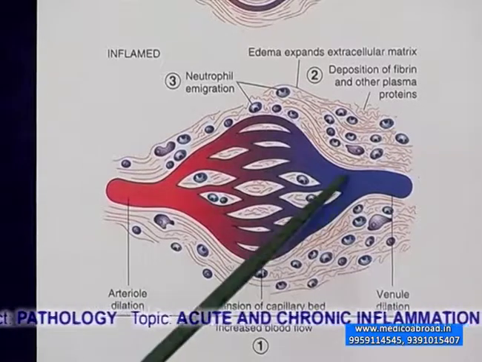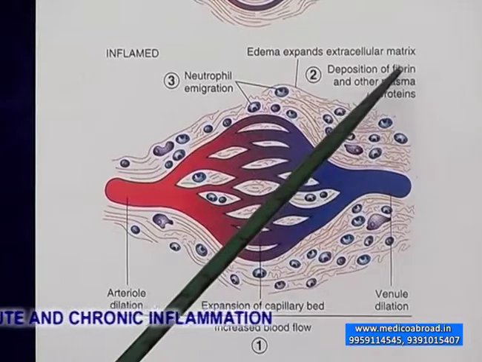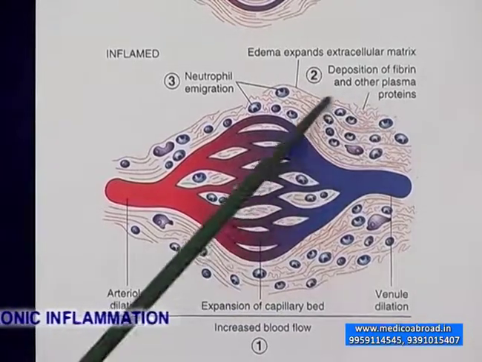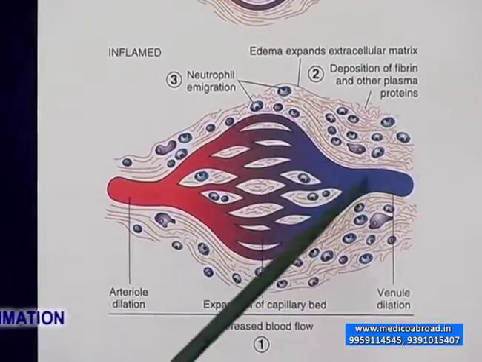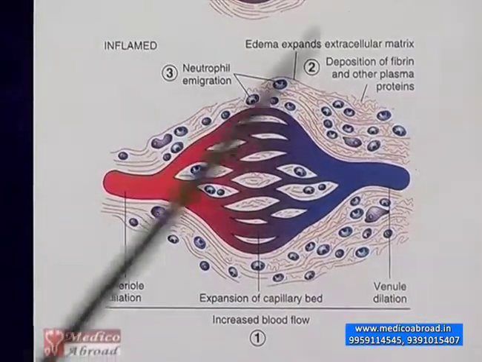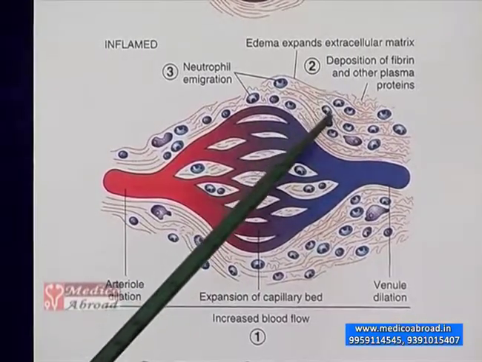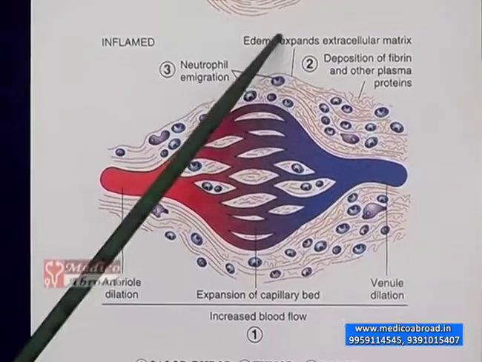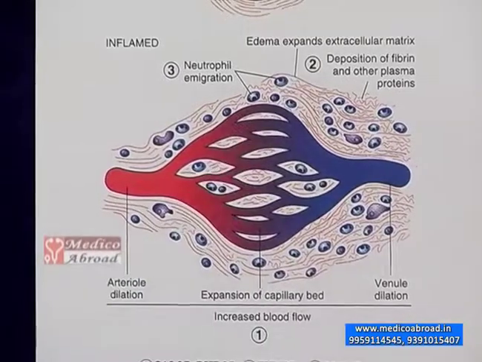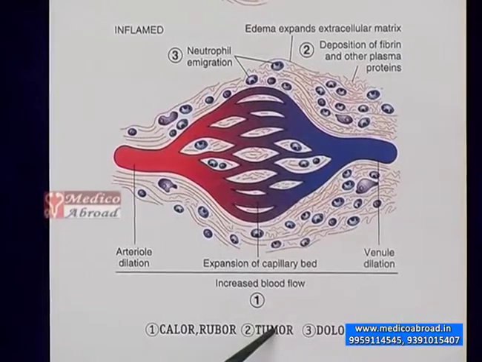From the vasculature, there is increased permeability and therefore fibrin and other plasma proteins are accumulated in the extracellular matrix. Accumulation of plasma proteins and fluid in the extracellular matrix is called edema. This increases the size of the swelling and this is called tumor.